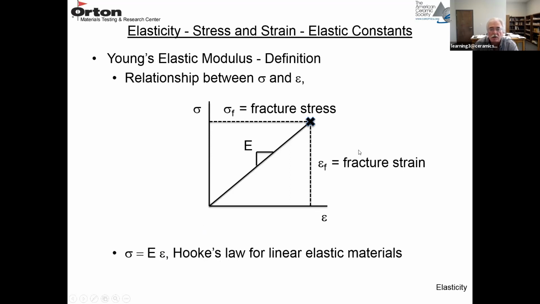Most brittle materials fracture in this manner. The slope of the stress-strain curve is just the elastic modulus E. Sigma F is the fracture stress, and epsilon F is the fracture strain. You have a linear curve until a brittle failure, with a fracture stress and a fracture strain.